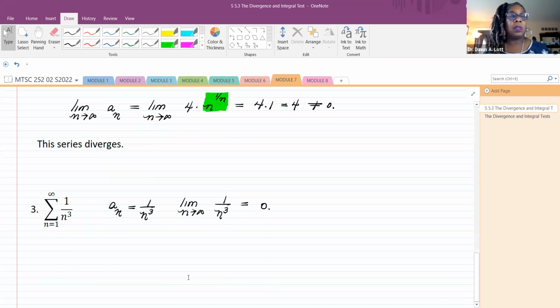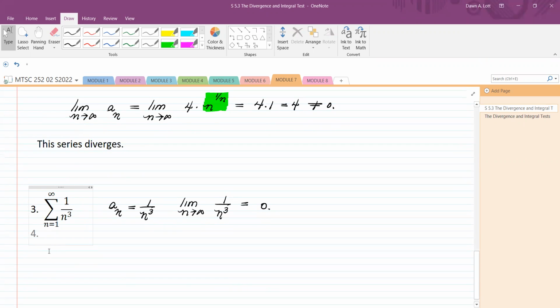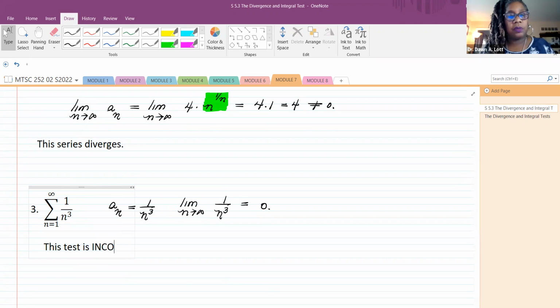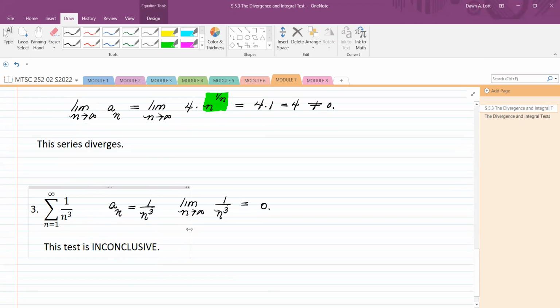Okay, so here I have to write, if the limit equals 0, then that means you can't tell. If it converges, the test is inconclusive.